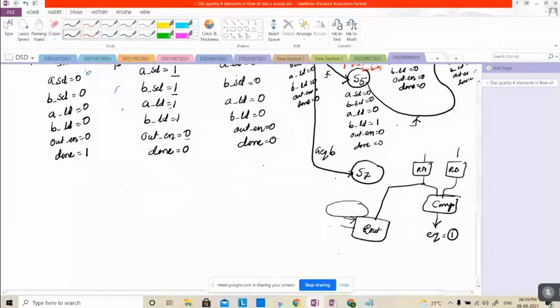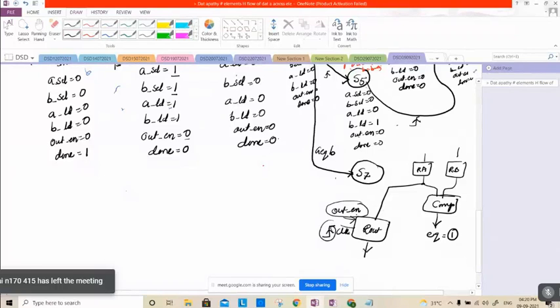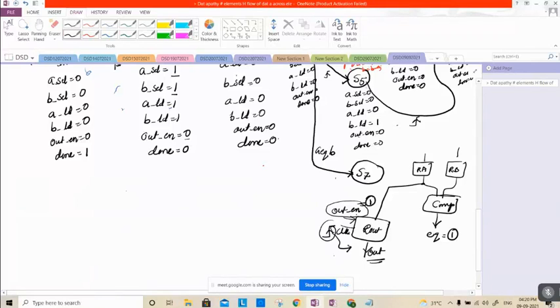Out underscore enable must be equal to 1, and also there should be a positive edge of the clock signal. Clock signal is required. So after the application of the clock signal, we will be getting the output value. First output enable must be equal to 1, and then the positive edge is applied, then we get the output.